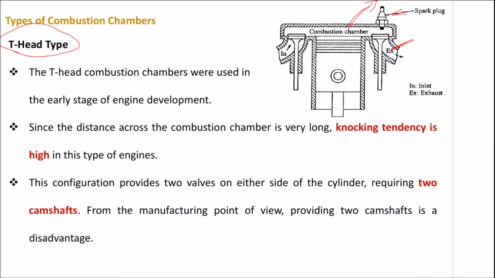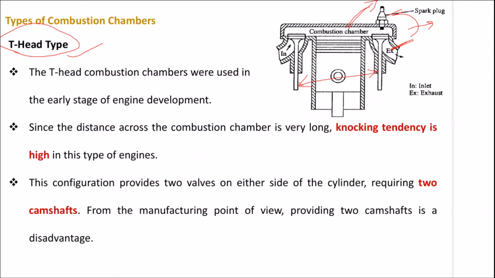Okay, the spark plug is located near the exhaust valve, and the inlet valve and outlet valve are located in opposite ways. So this was the first combustion chamber which was designed.